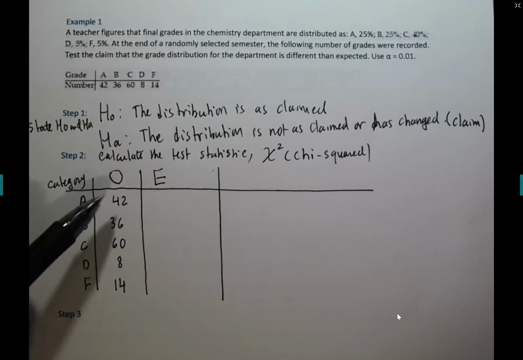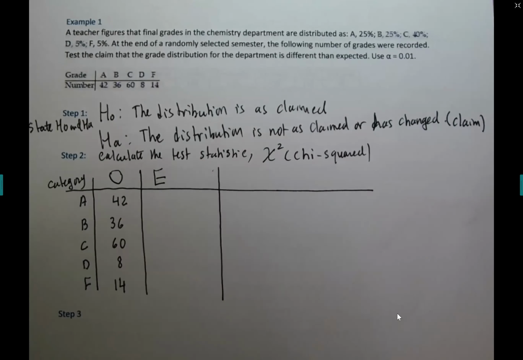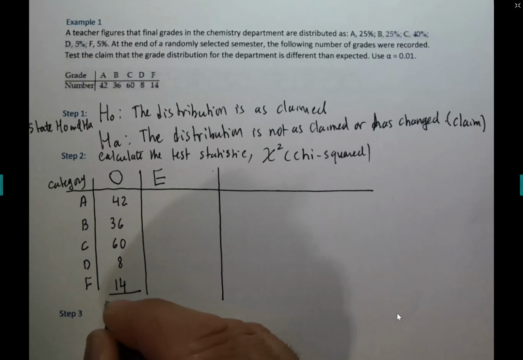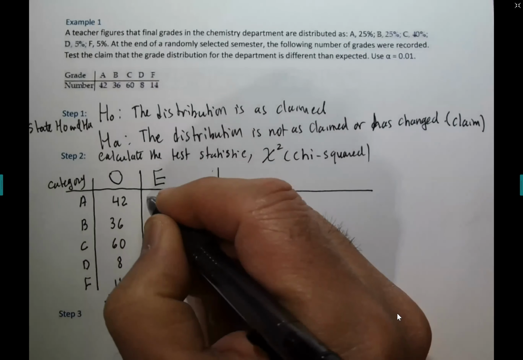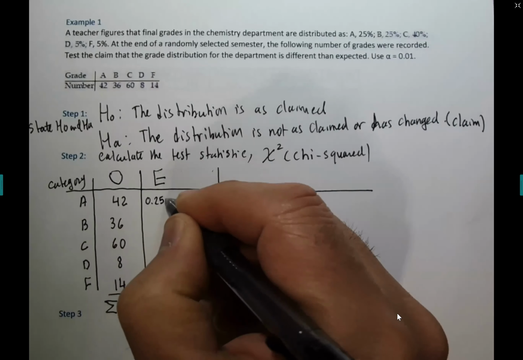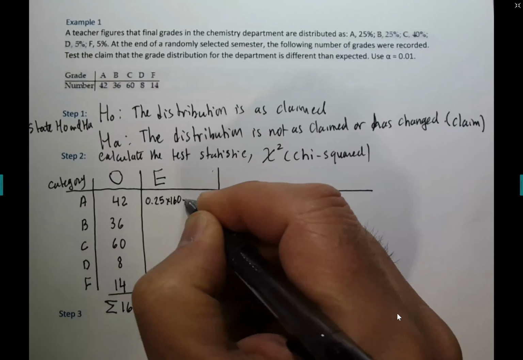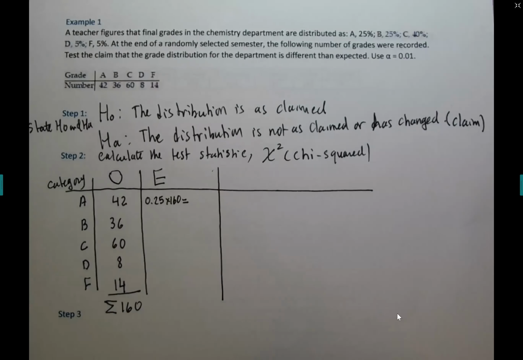If you add those up, you're going to get a total of 160. So your E here is going to be 25% of 160. Can someone compute 25% of 160 for me? 0.25 times 160. Okay, what did we get? 40. I agree.